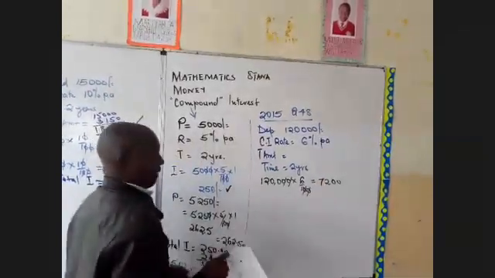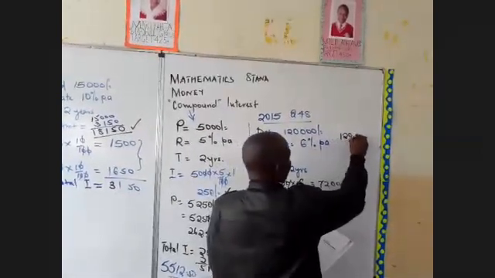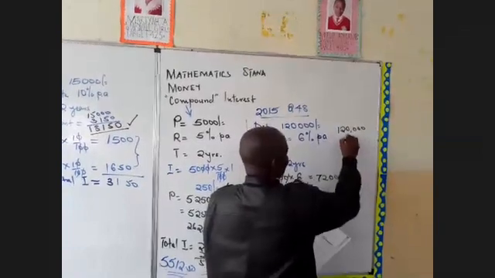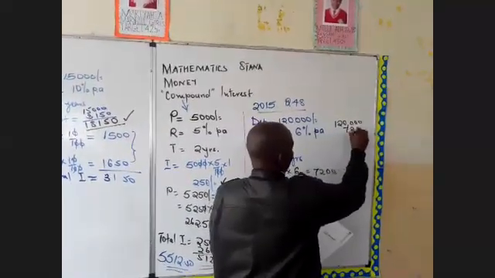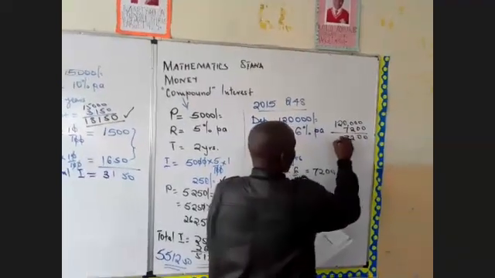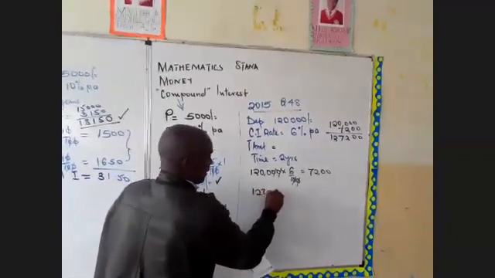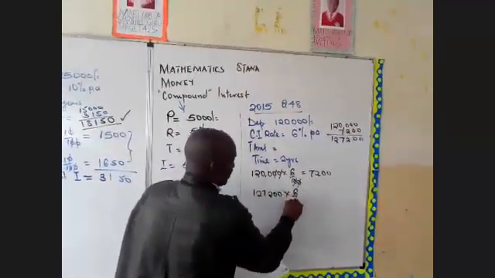7,200. And then for year 2, she added the original 120,000 plus 7,200 interest earned in year 1. She landed on 127,200 and applied the same 6%.